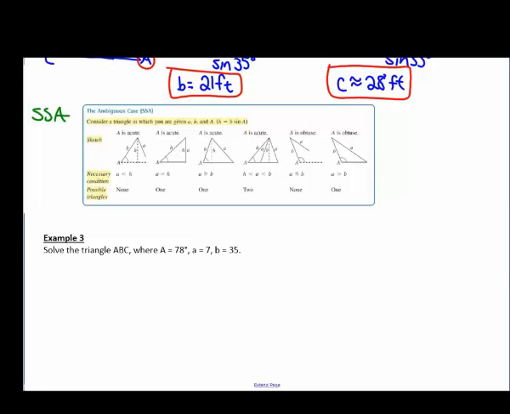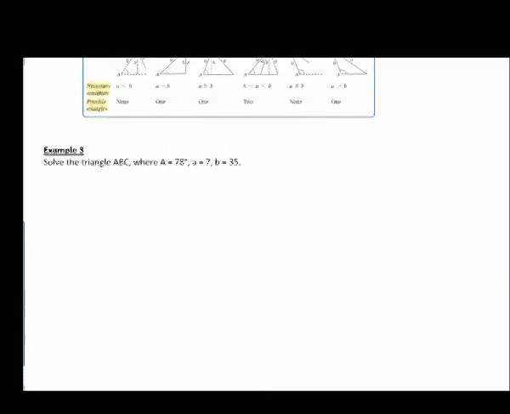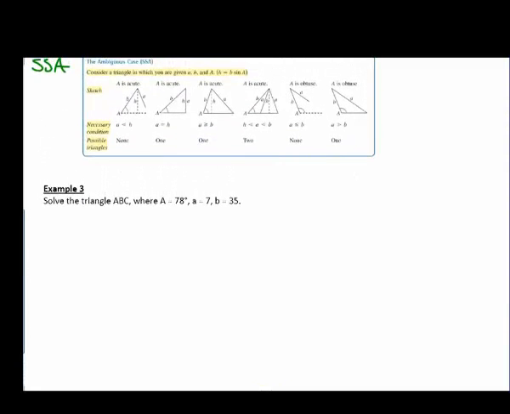Solve the triangle ABC where A is 78 degrees, side A is 7, and side B is 35. Okay, so I'm going to draw my triangle. All right, so if angle A is 78 degrees, it's going to be something like that.